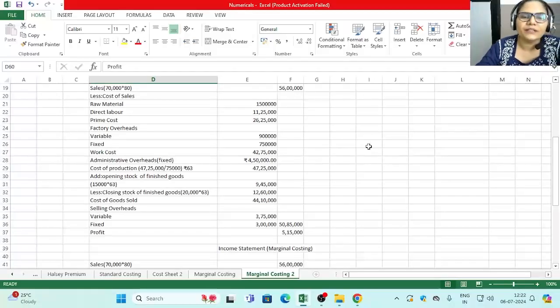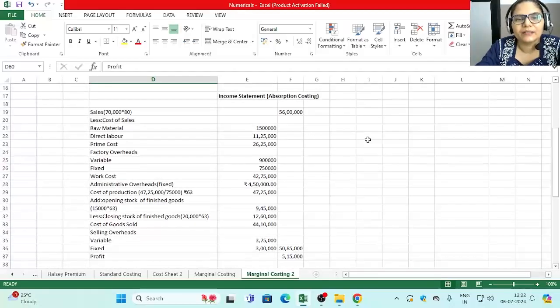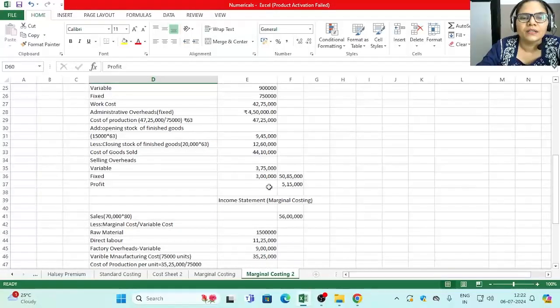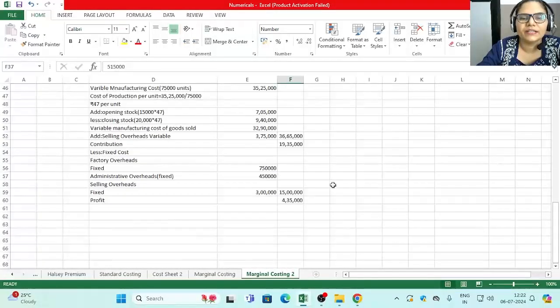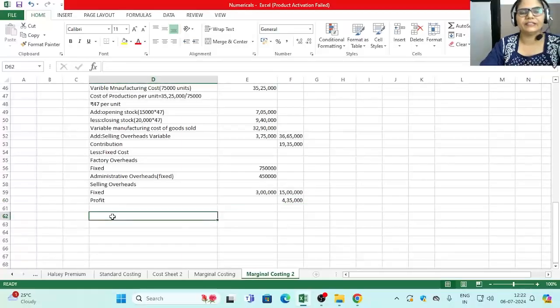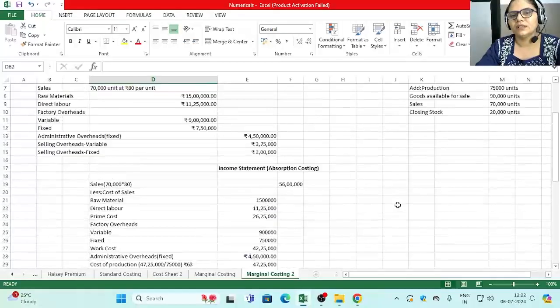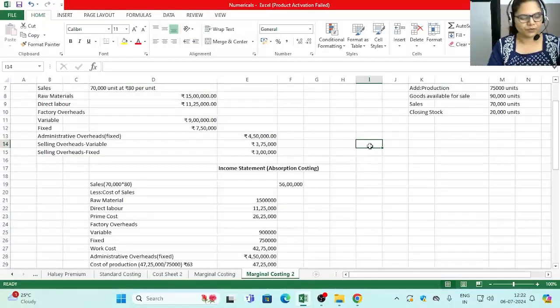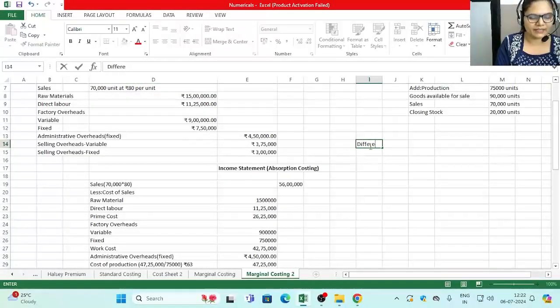Now what you have seen is that profit under absorption costing is more than the profit under marginal costing. So what is basically the difference in profit? We will mention it over here for our general understanding.